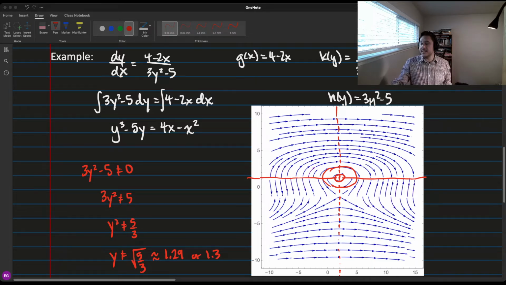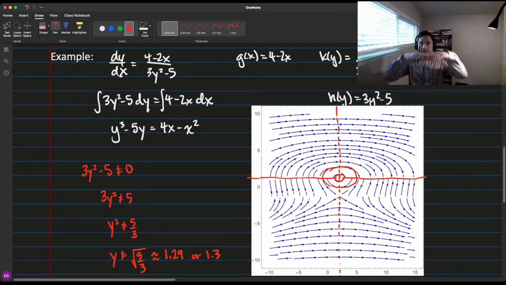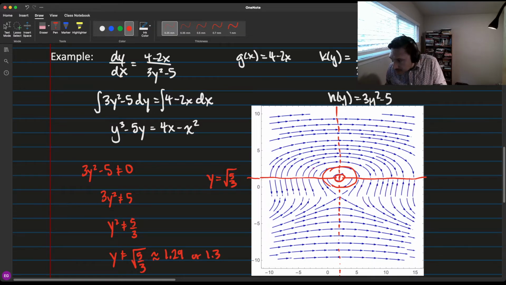So what you find out is that the solution curves are split into two parts. One part that is above y equals square root of 5/3, and one part that's below square root of 5/3. So for instance, let's choose this point right here. The solution curve follows it, and it looks like this.